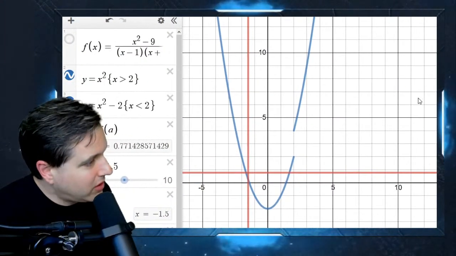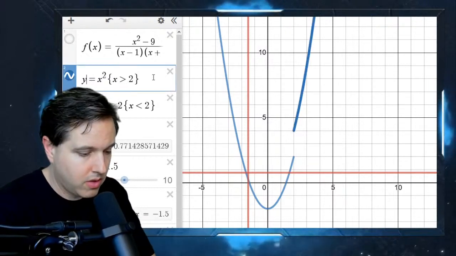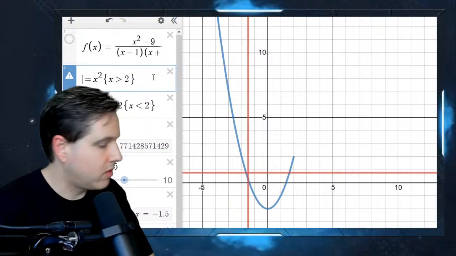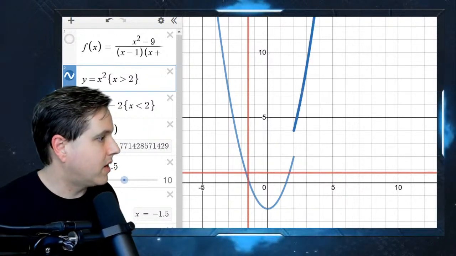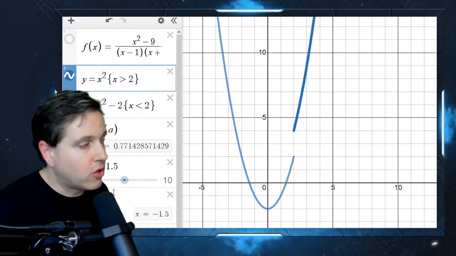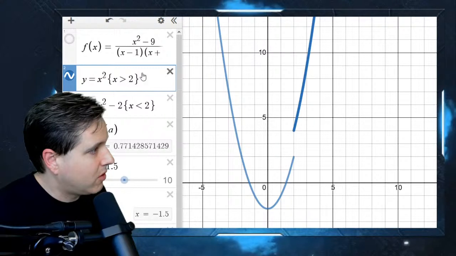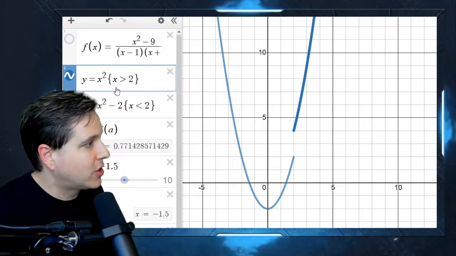Okay, so now we have a little bit more of a complicated function here. We'll leave it as y equals x. Actually, let's just clean things up a little bit here. So let's just say that these blue graphs are actually one function. Okay, so together they make one function.